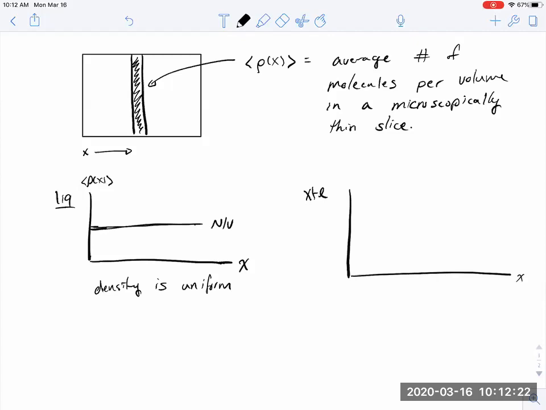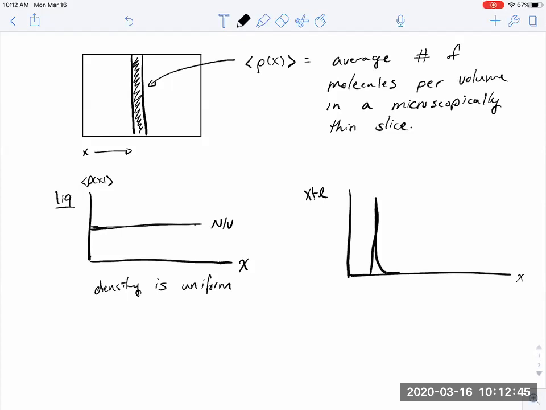So if I was to take this microscopic volume, say at the origin, well, maybe there's not a particle there. Maybe if I went a little bit further, well, then I would see some density. That would be coincident with some lattice plane in which the molecules arrange themselves.